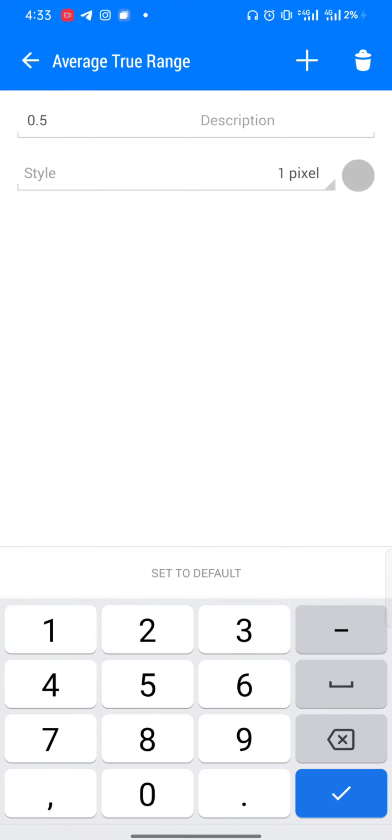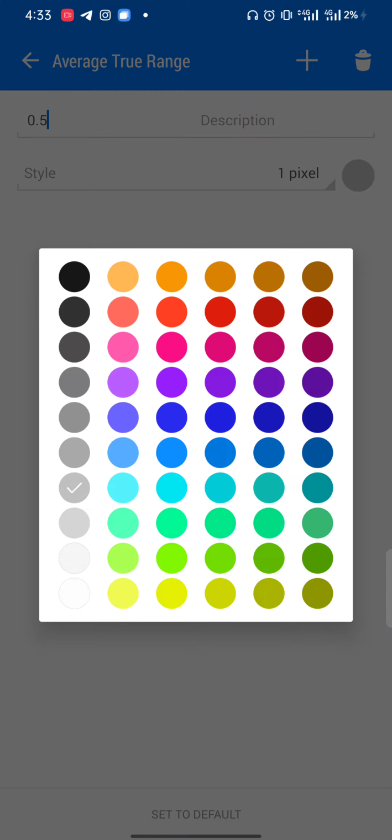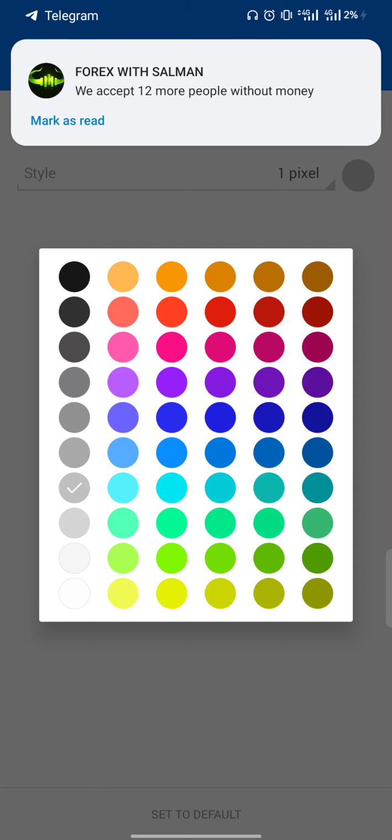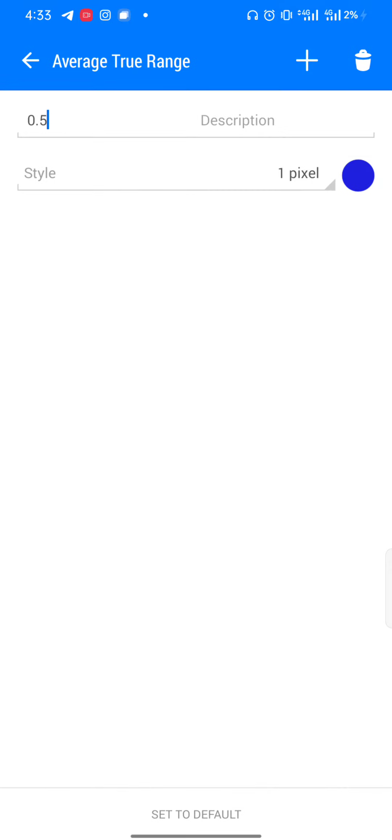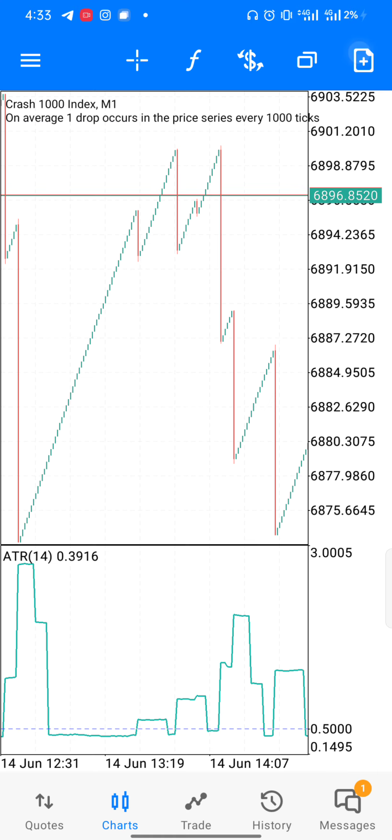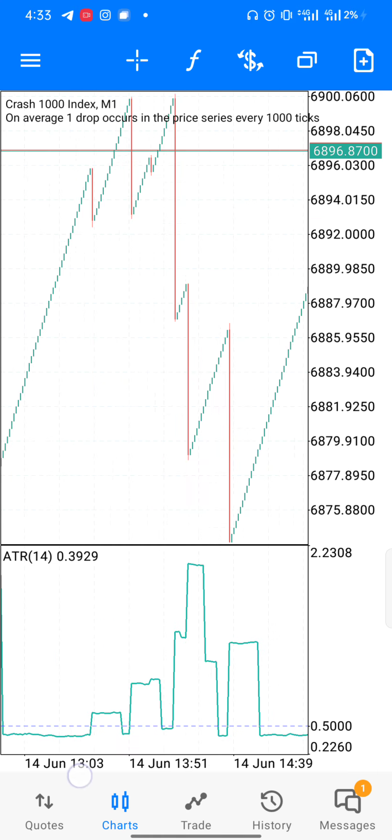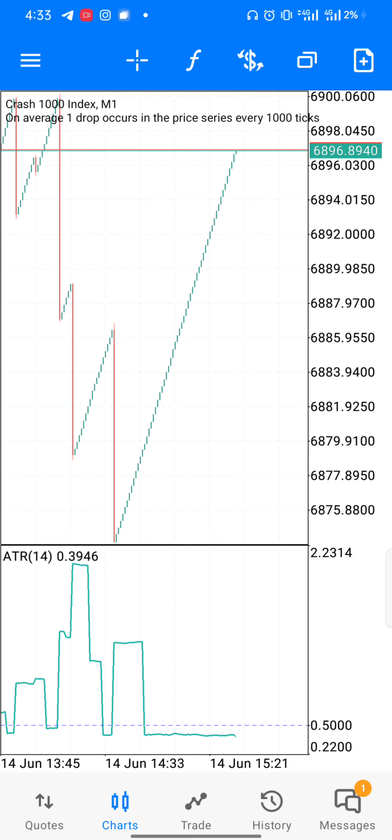If you are unable to set levels on your MT5, simply update your MetaTrader 5 from the Play Store or App Store, then you'll be able to add levels. Then you click back and done. So this is the ATR that we just added to our chart.